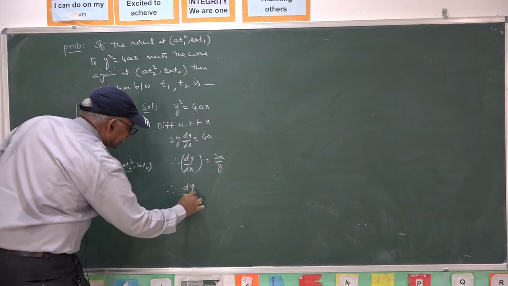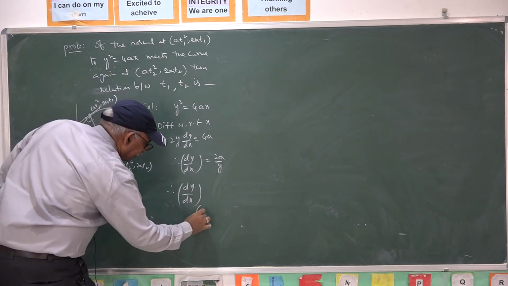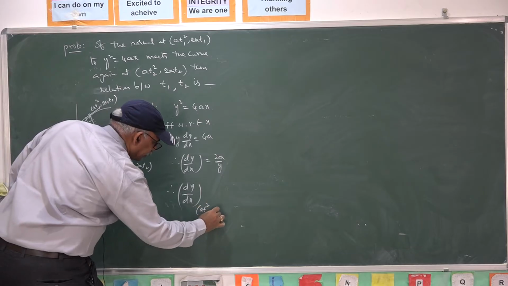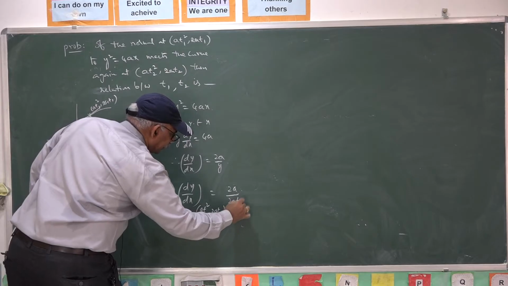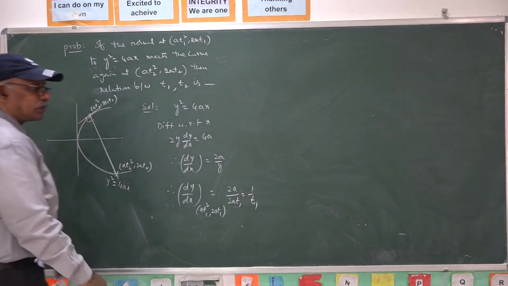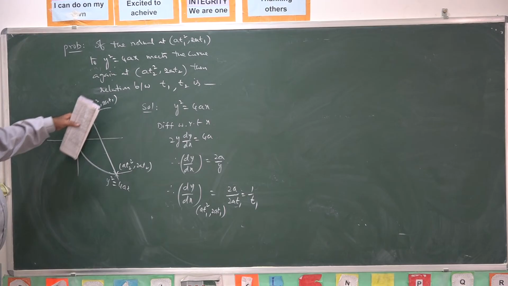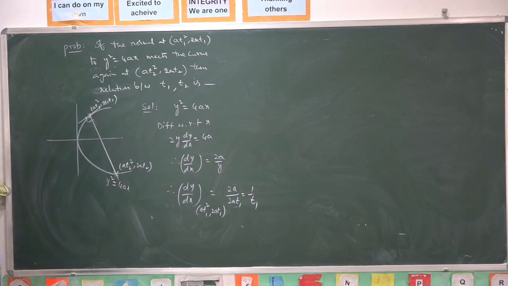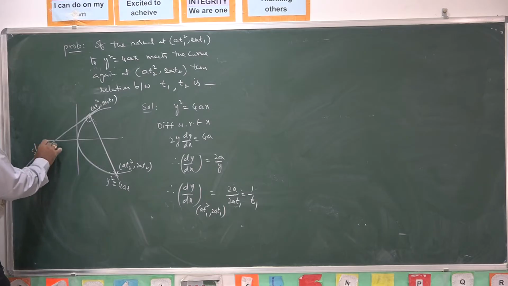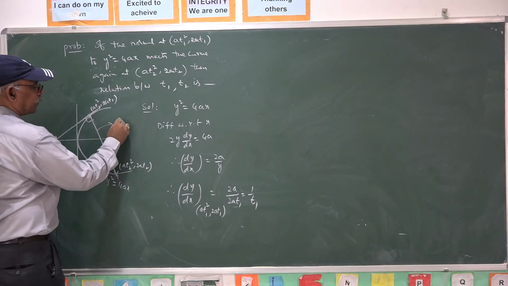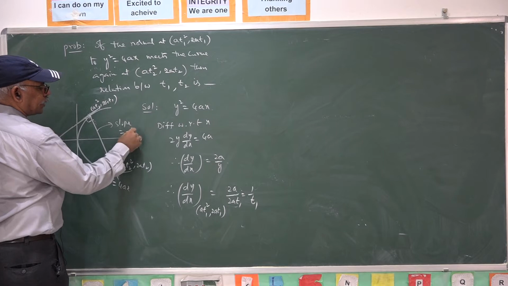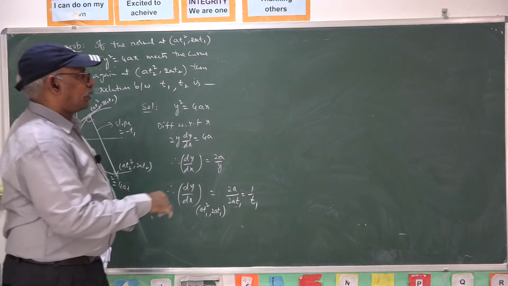Therefore, dy by dx at a t1 square comma 2a t1 is 2a by 2a t1, which is 1 by t1. That is the slope of the tangent at t1. Slope equal to 1 by t1. So the slope of the normal is minus t1.